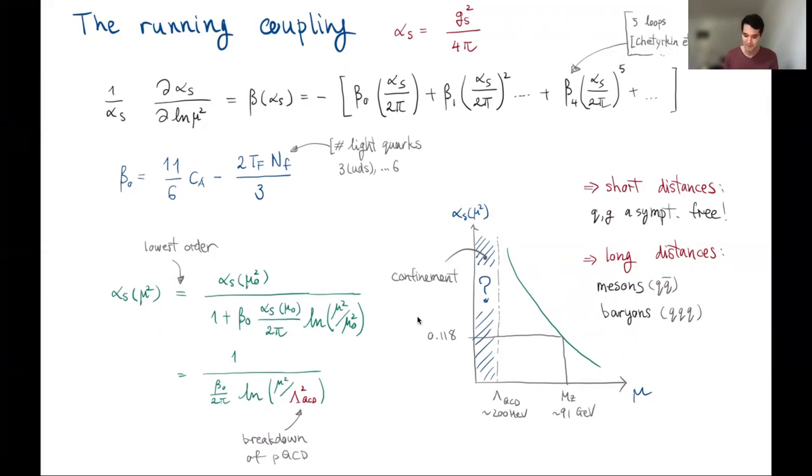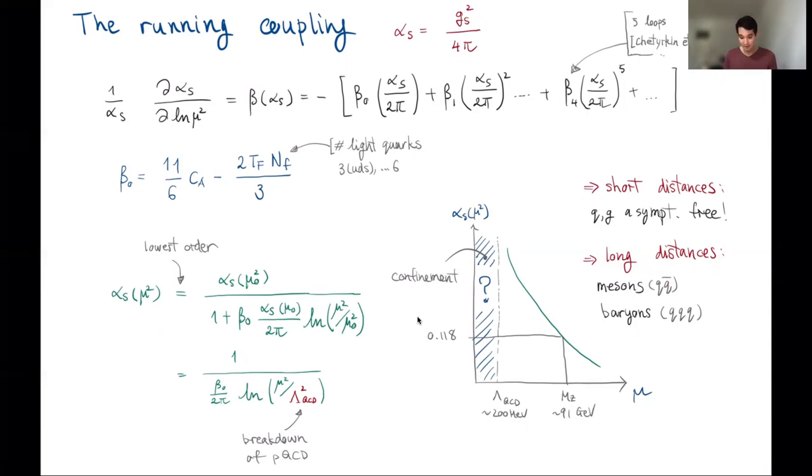Whereas if I go in the opposite direction, the coupling increases, ultimately resulting in confinement. So at very long distances, the objects or the QCD degrees of freedom that I should be concerned about are the hadrons, so the mesons, which are q q-bar bound states, and the baryons, which are 3 quarks.